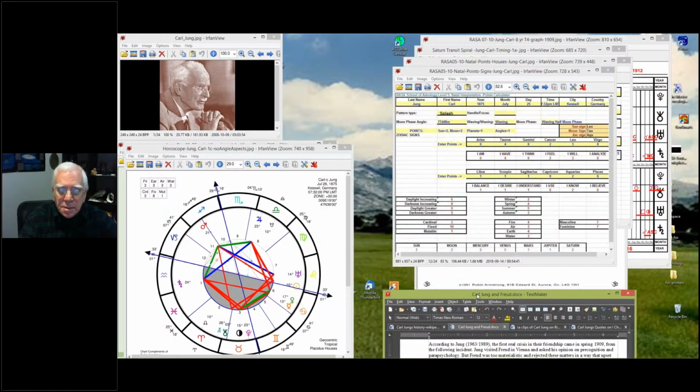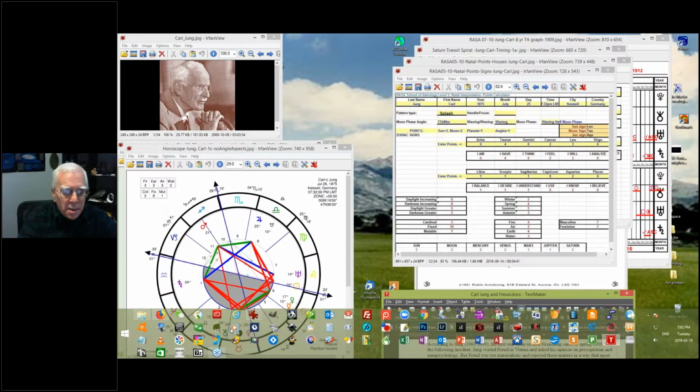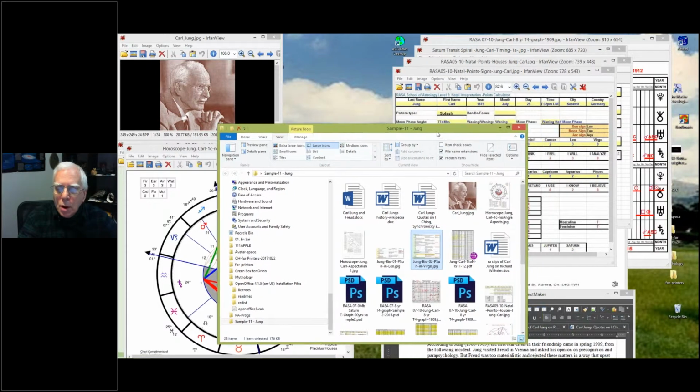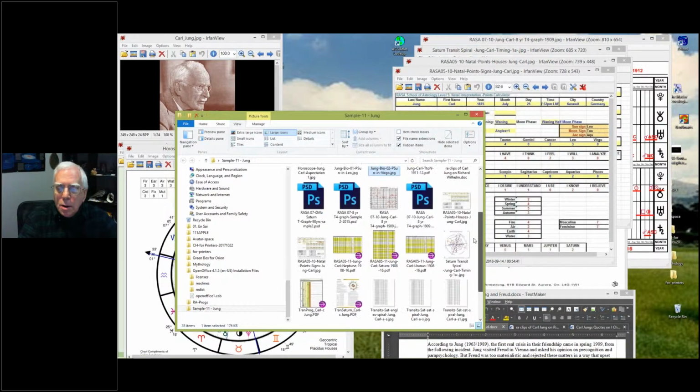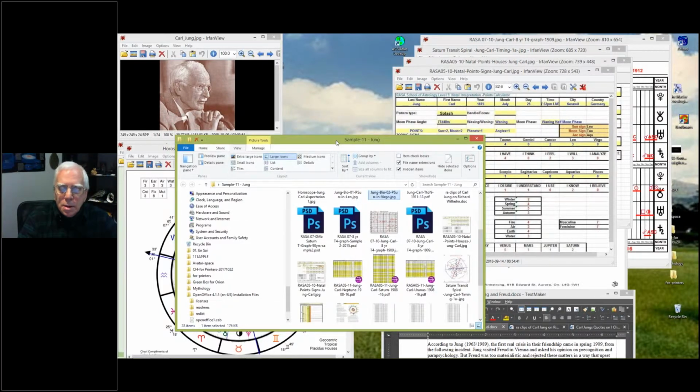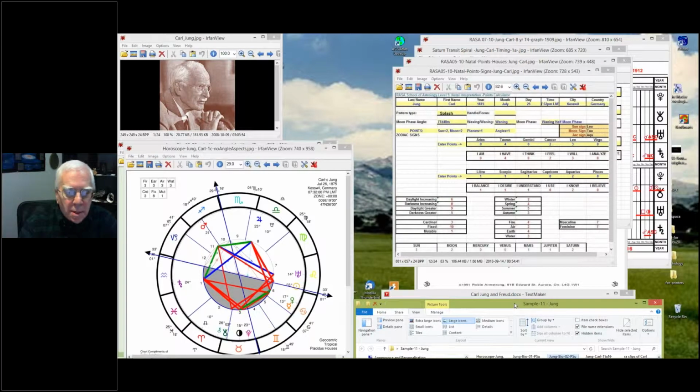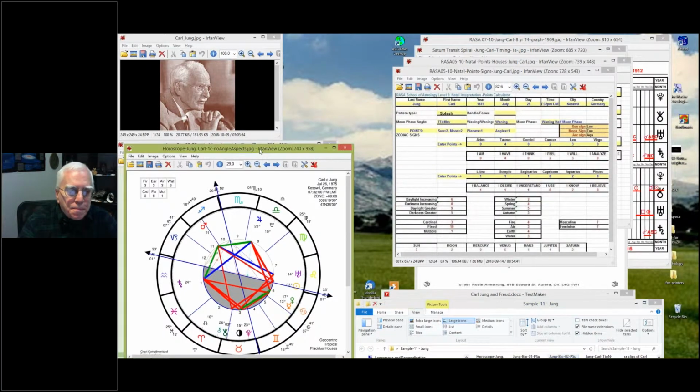There's one other thing I wanted to see here. Okay, I'll get this one when we start on the transits. Okay.